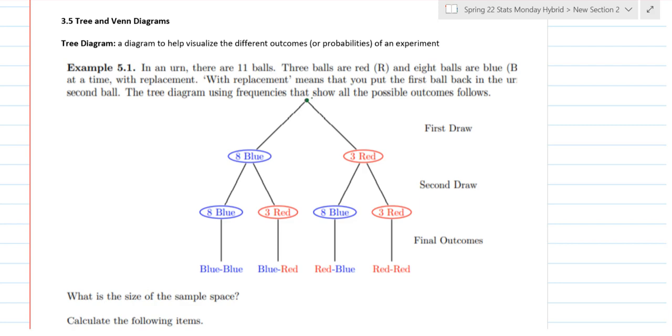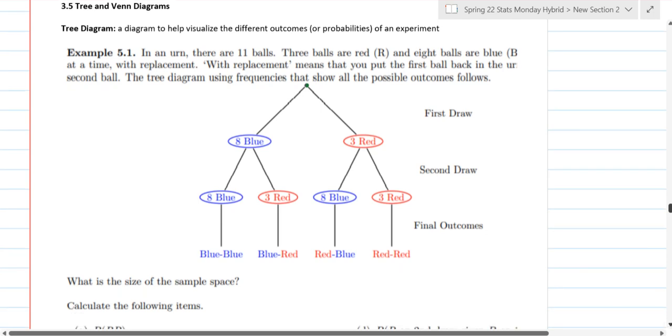Replacement means I'm going to put the first ball back in the urn. So every time I am drawing, I am going to have 11 balls to draw from. Each time I do a drawing, there's 11 chances of getting either red or blue: 3 chances of red and 8 chances of blue.